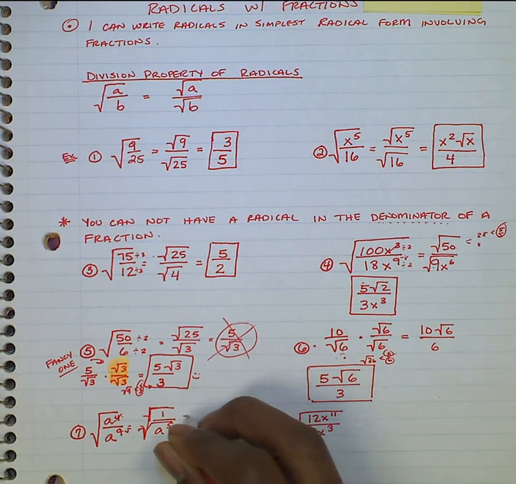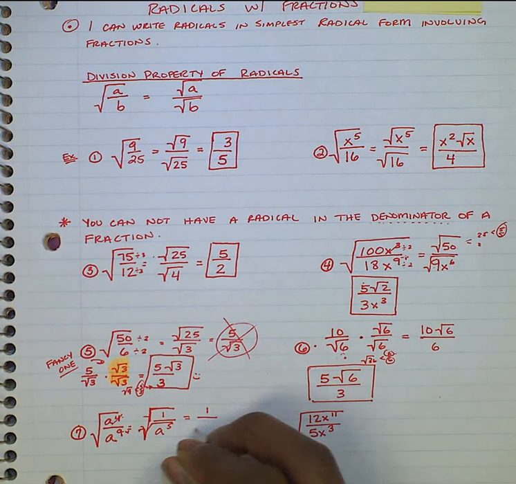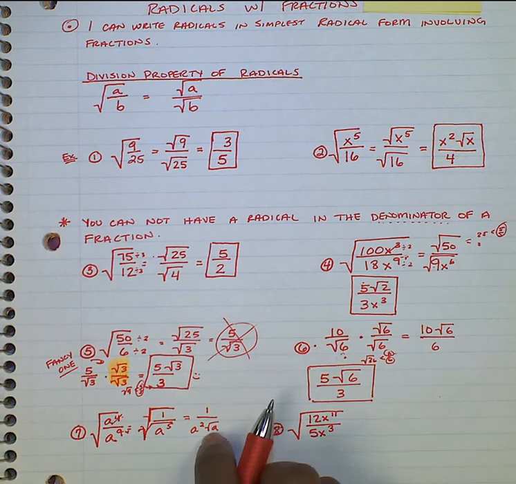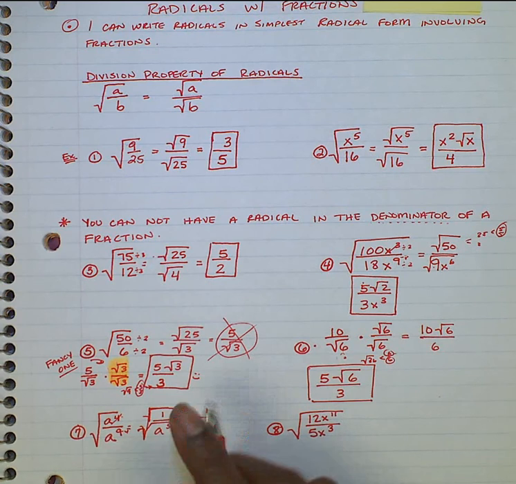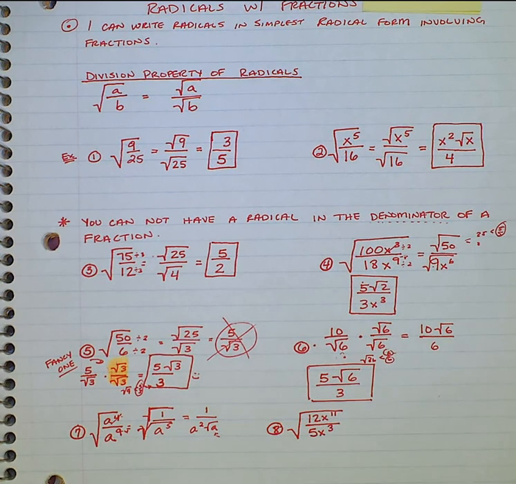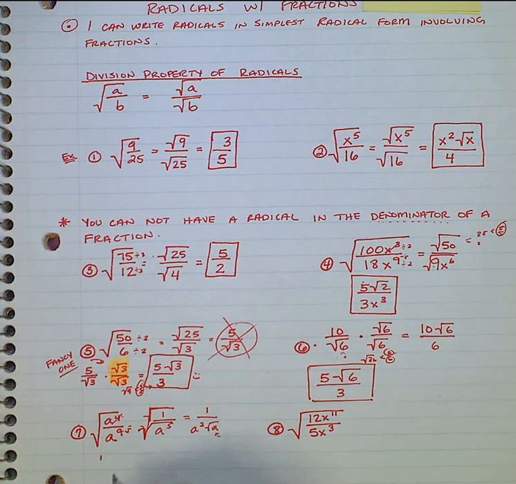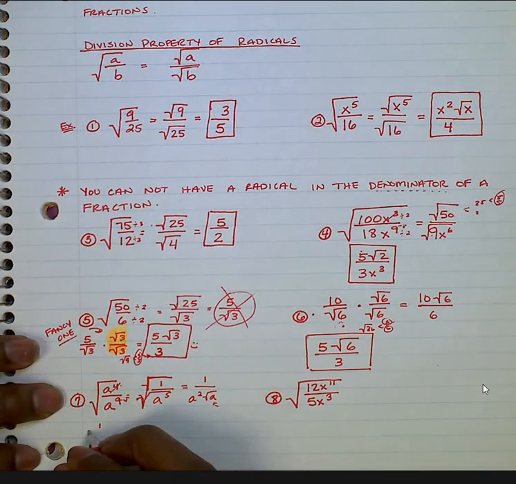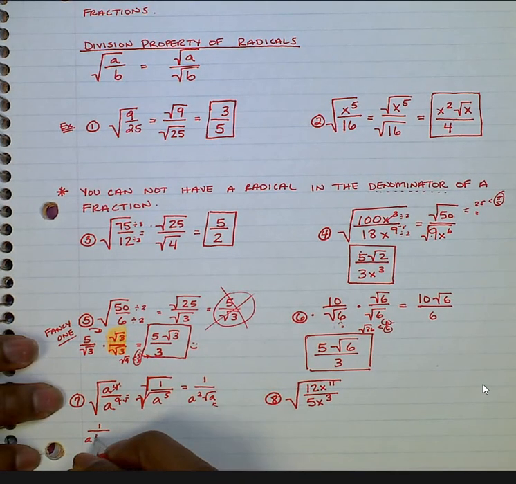If I do that, I'll get 1 over a squared radical a. Now, this cannot be my final answer, even though I don't have all a radical in the bottom. I do have a radical in the denominator. So, again, I'm going to have to use fancy 1.